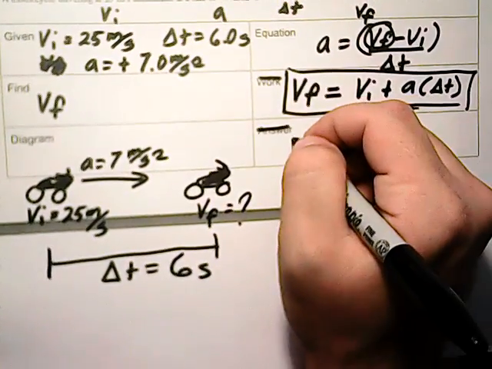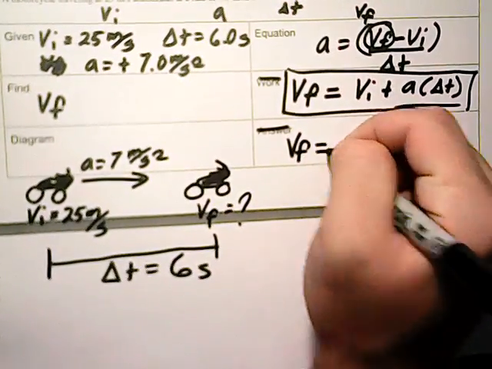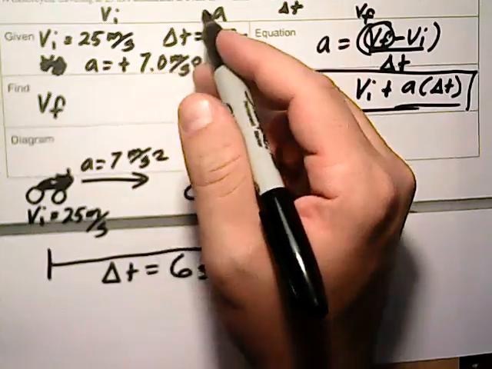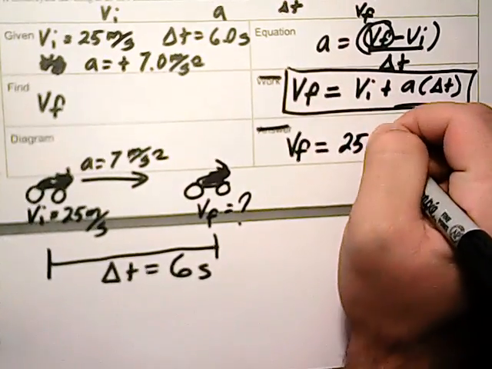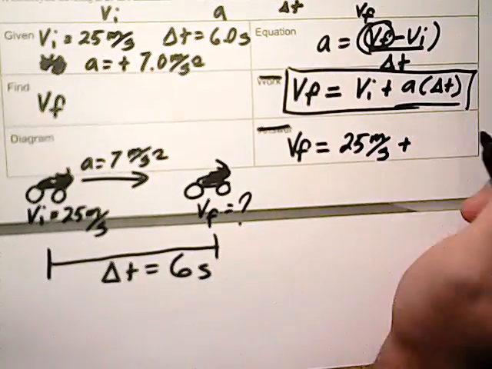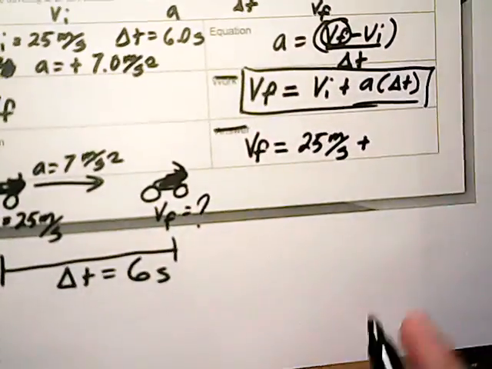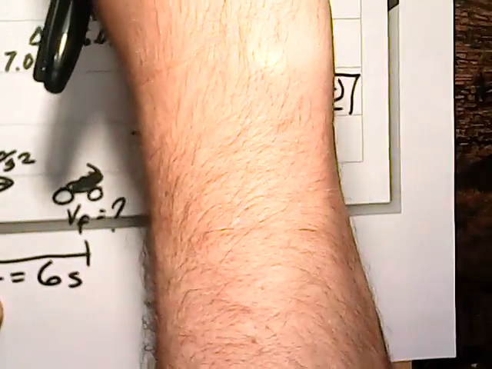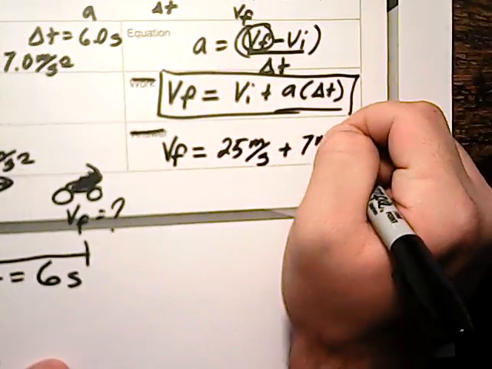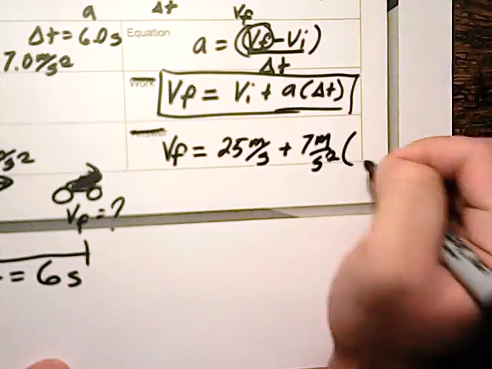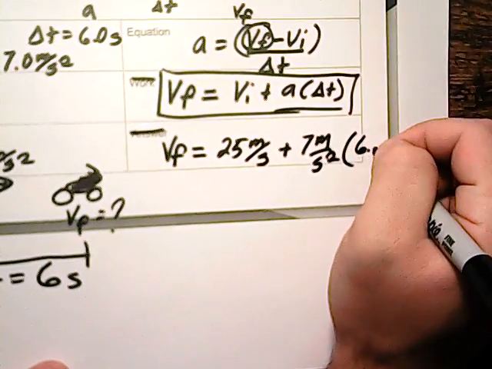Okay. So our work, let's plug in. VF is going to be our VI, which is 25 meters per second, plus our acceleration. For our acceleration, we have 7 meters per second squared times our time, which is 6 seconds.